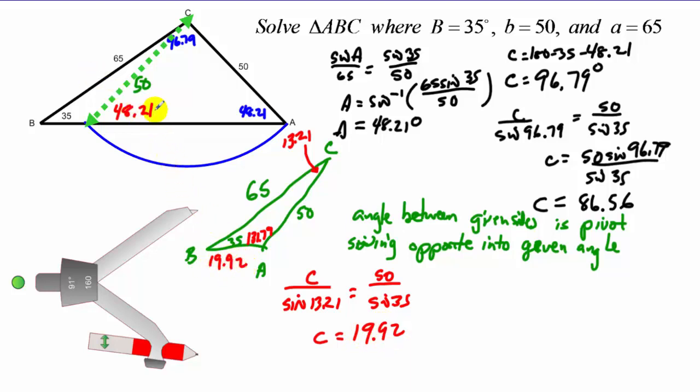So we have one solution of the triangle in black here, the other solution in the green and red down here, and those are our two triangles. Again, follow this rule. Take the angle between the two given sides as your pivot, swing the side into the given angle, thus creating an isosceles triangle, and then you can get all the pieces of this little triangle.